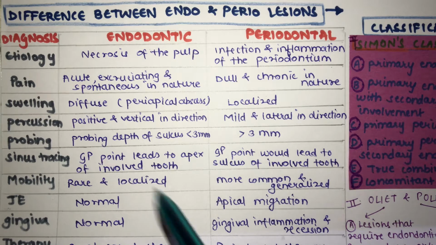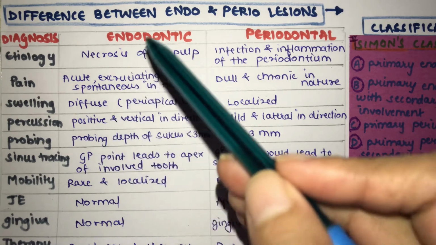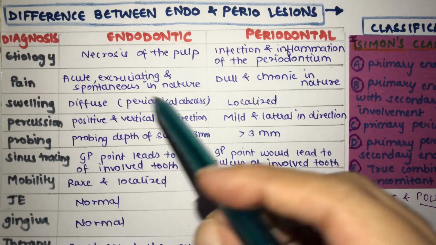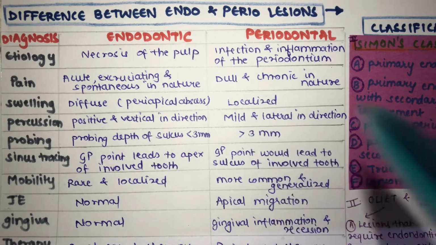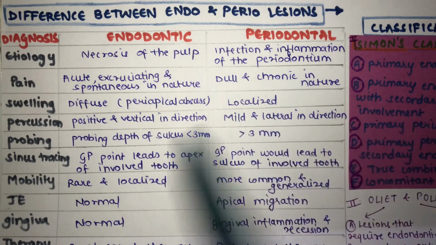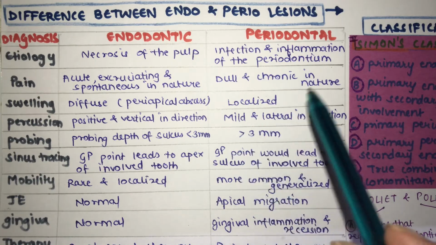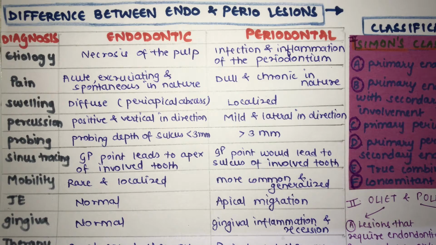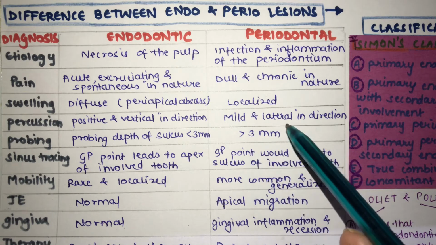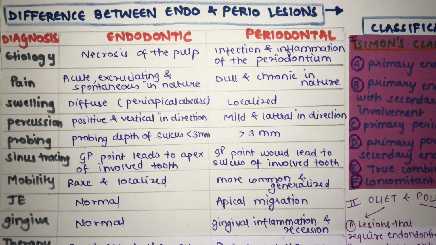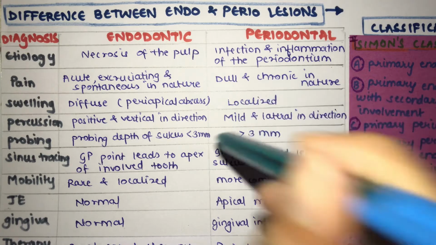It will be positive when the patient has any endodontic lesion, and you are percussing in the vertical direction, like this onto the tooth occlusally. Then in periodontal, the percussion is usually mild because the pain is very dull in cases of periodontal lesions. Then it is lateral in direction, when you are percussing laterally and not vertically.